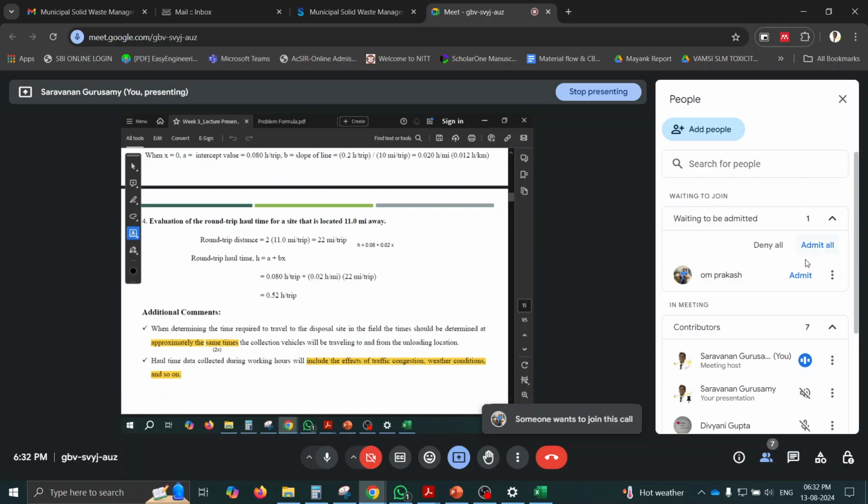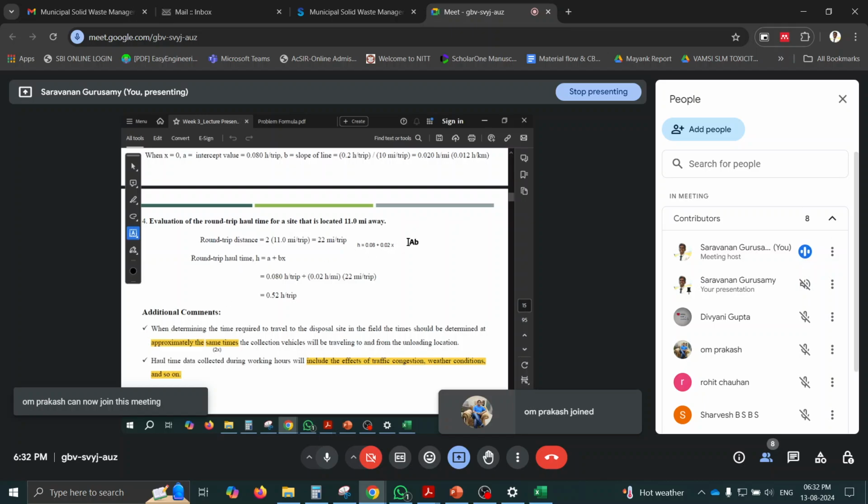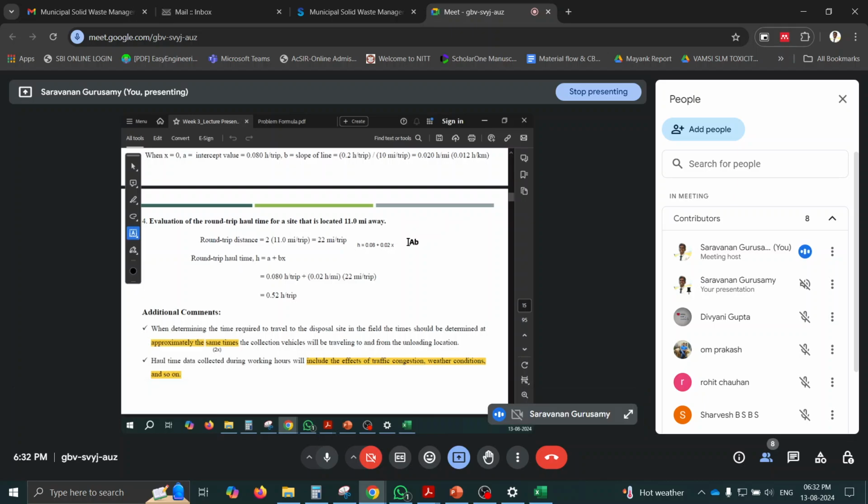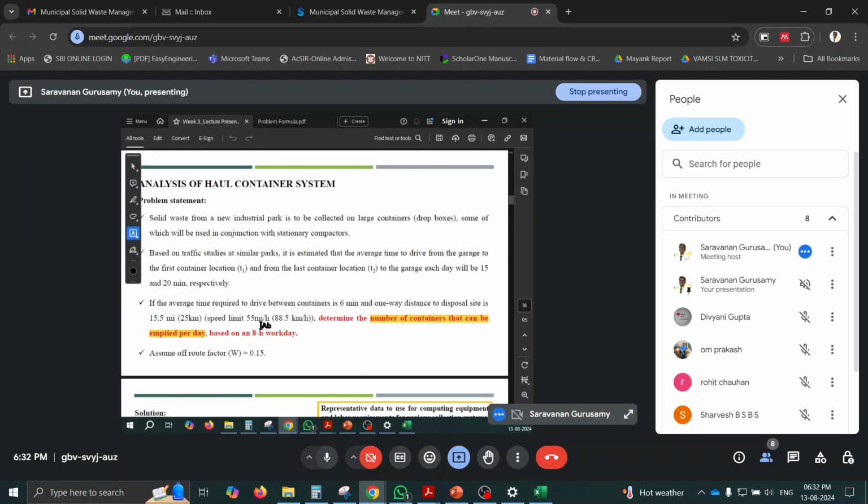We are assuming that if it travels at the same speed, the time taken to travel between the site and the location will also be the same. That's the assumption we have taken. And the haul time data collected during working hours will include the effect of traffic congestion, weather conditions, and so on. All this will be calculated in the h value only. Okay, these are the additional comments.